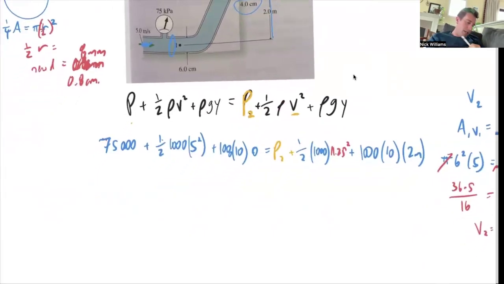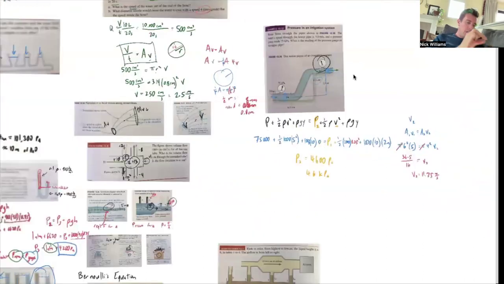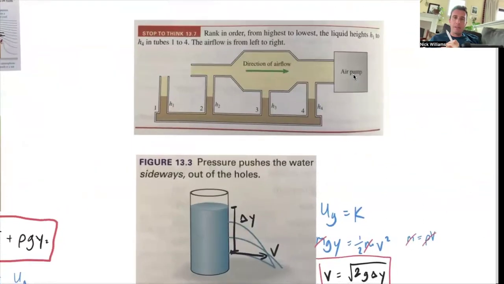And I should get P2 equals 4,600 pascals, or 4.6 kilopascals. Nice. All right, I think that worked. Whew, what a relief. Last little bit.